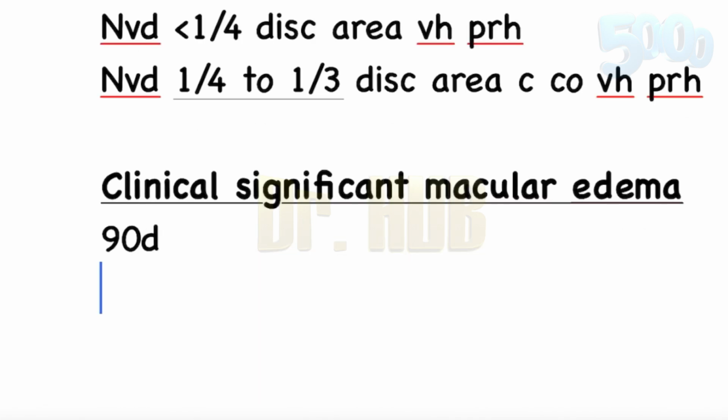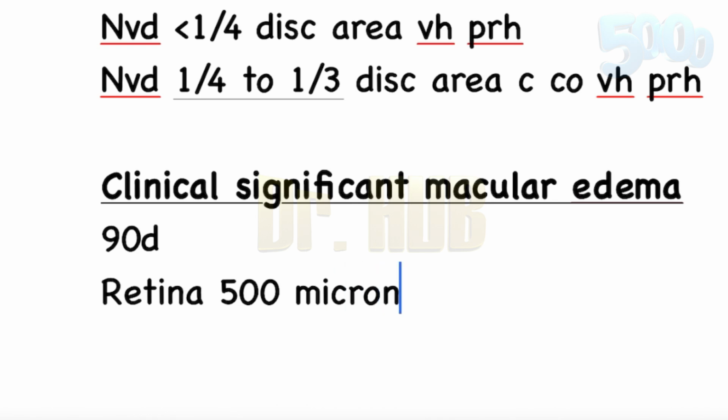The first is thickening of the retina at or within 500 microns of the center of the fovea.